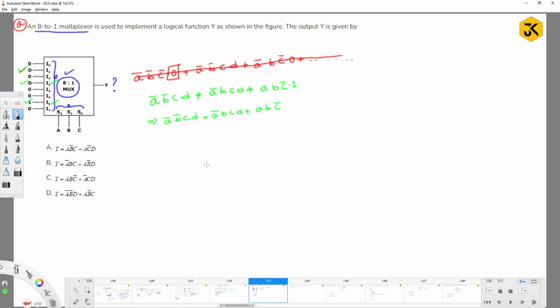No. So what we can do now is make it a standard sum of products. To make a standard sum of products, I will write here 1, and 1 can be written as D plus D bar.